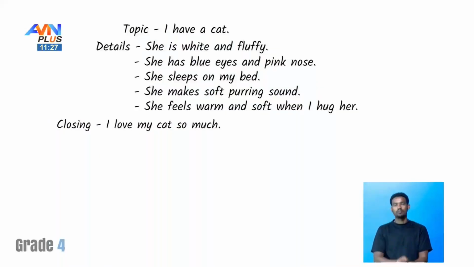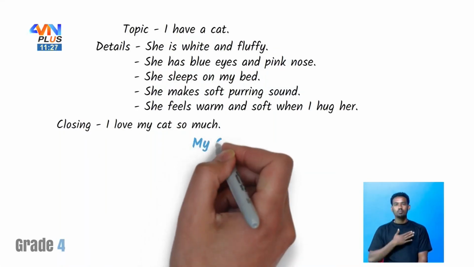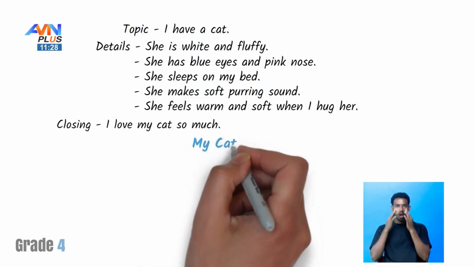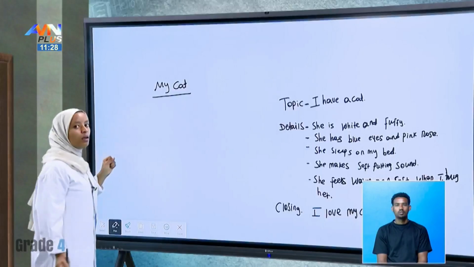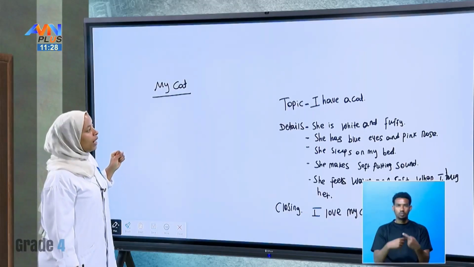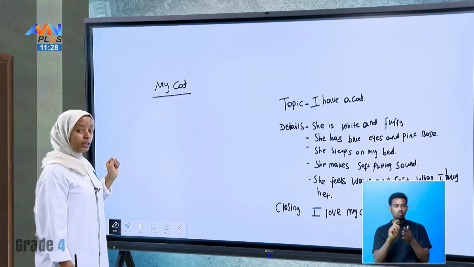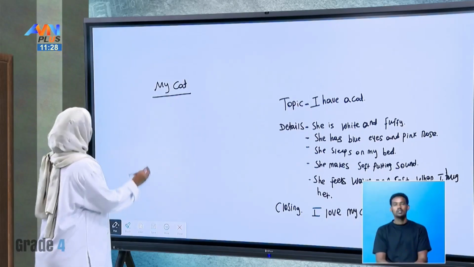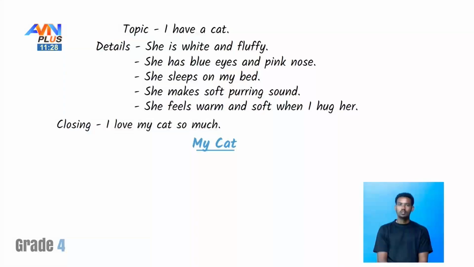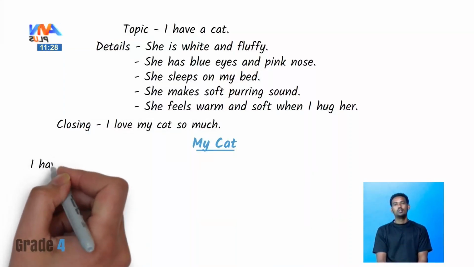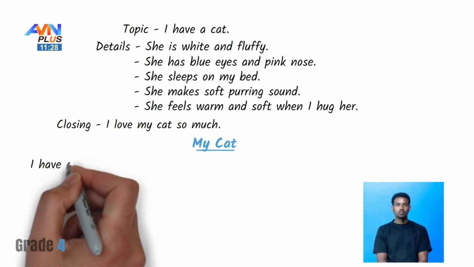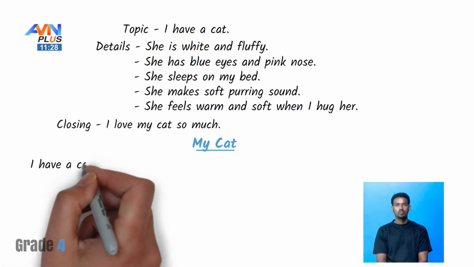My cat. When we come to here, we can start with what? The topic sentence. So, here is, I have a cat.